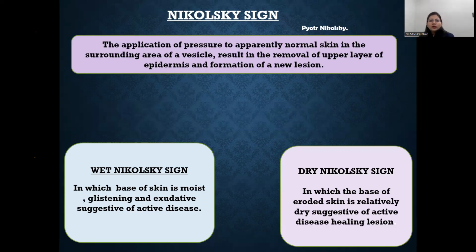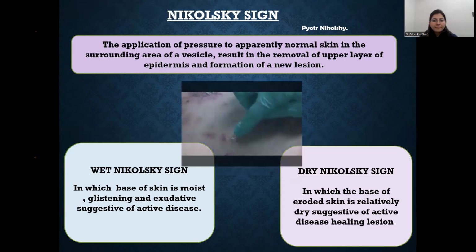The kinds of Nikolsky's sign you can appreciate in a pemphigus patient are the wet Nikolsky's sign and the dry one. In the wet one, when you apply pressure, you can appreciate a moist or glistening surface, while in the dry one, there will be a dry or healing type of lesion on applying pressure.